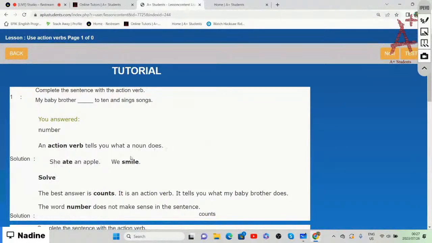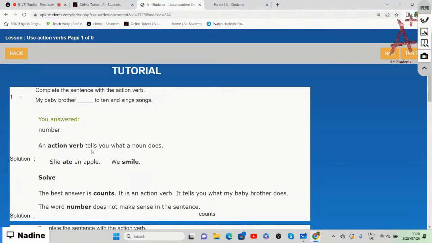So "ate" is the action, or the verb, that tells us what the noun, which is "she," does. So she ate an apple. We smile, right? So "smile" is the action verb that tells us what the noun "we" is doing, right?